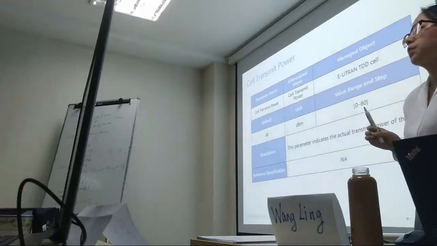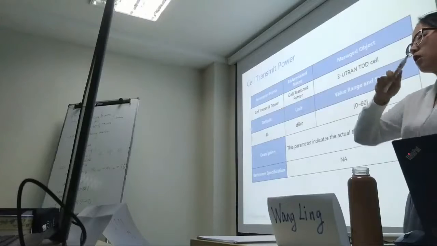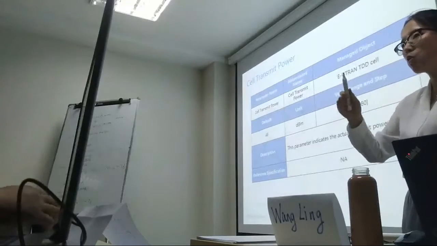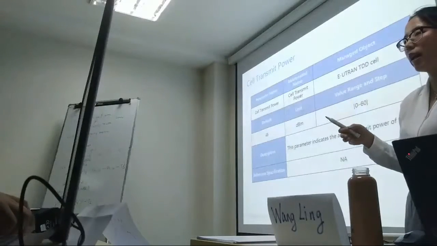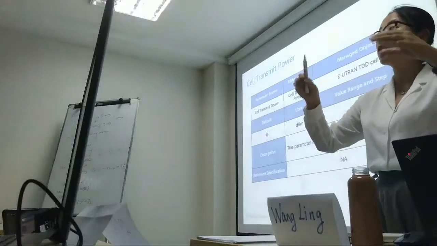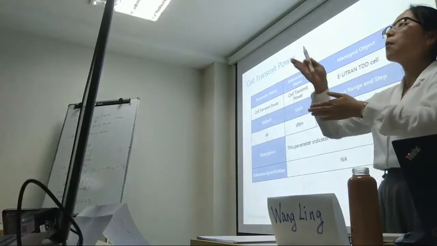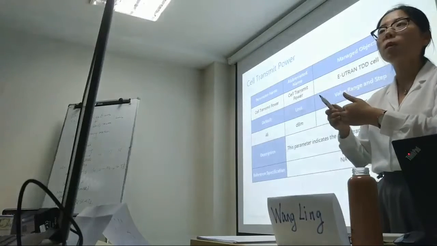For the downlink, actually it's not control, it's allocation. In the NodeB, it will assign different powers for different symbols. But for the uplink, it's control. I will control the UE, how it uses the power.